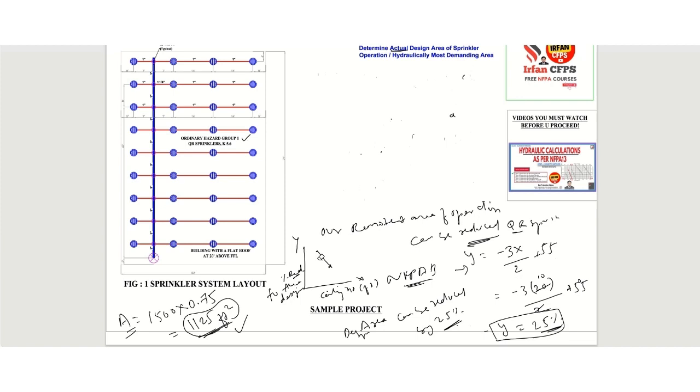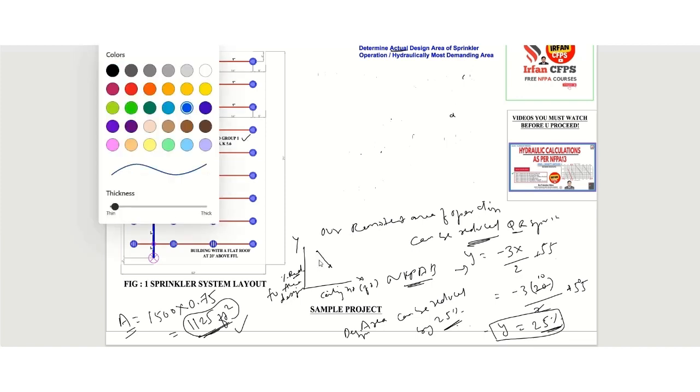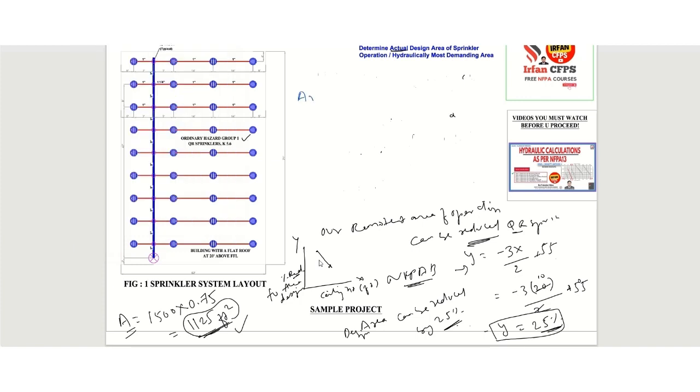Here I will write with some other color. Now we already got the hydraulically most demanding area, that is 1125 square feet. This is the first part in this step 5. The second part will be the length of the remote area. How much will be the length to be considered for remote area?